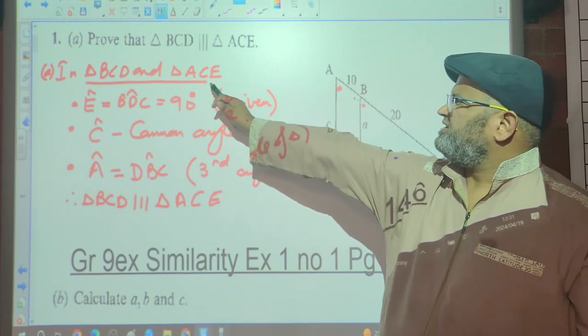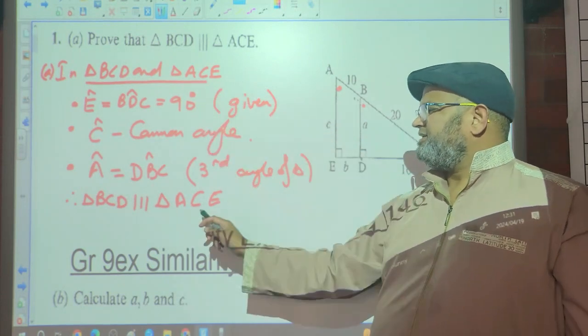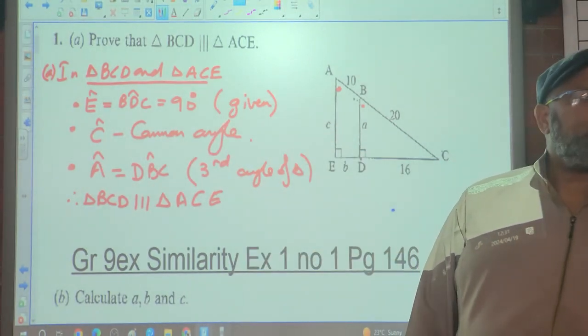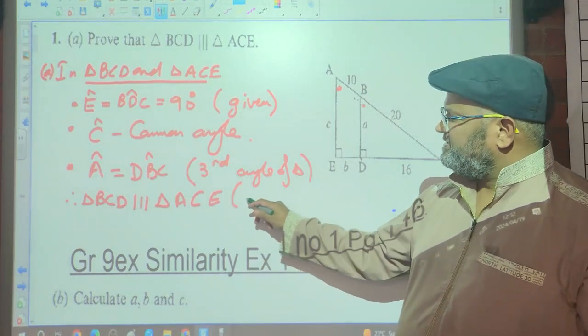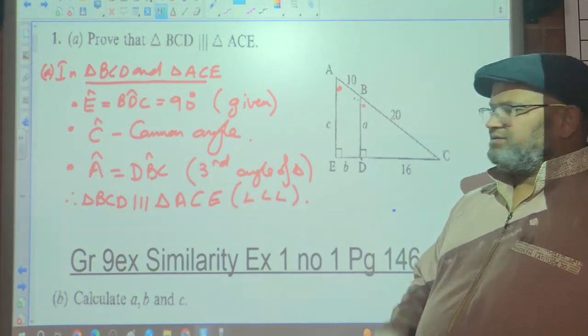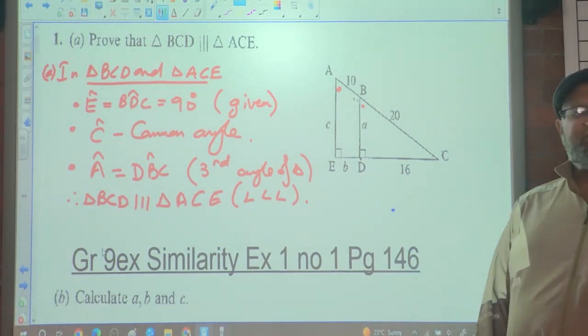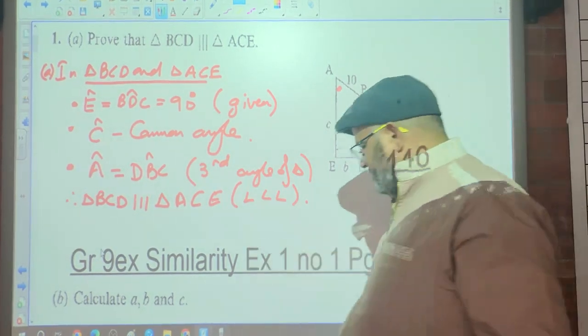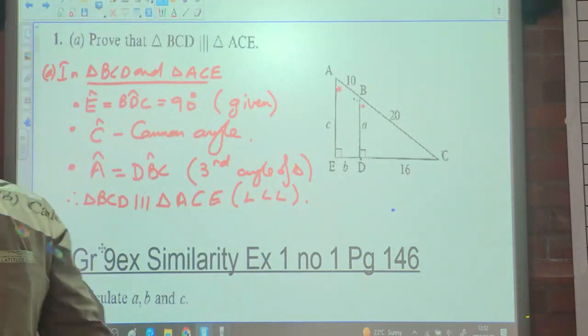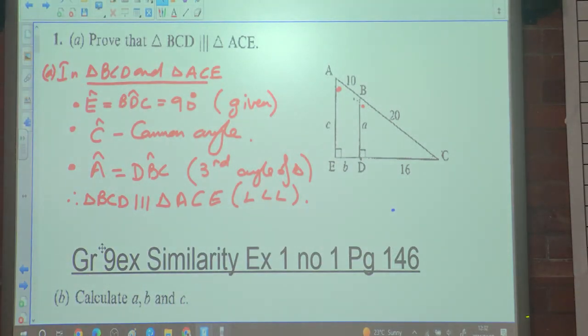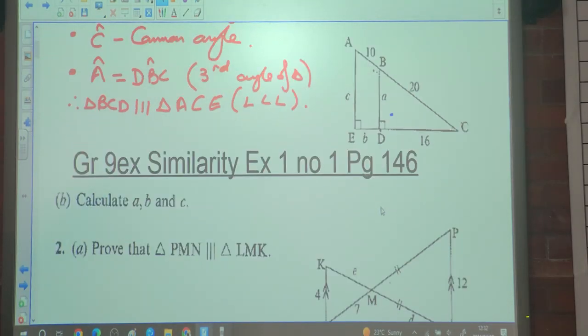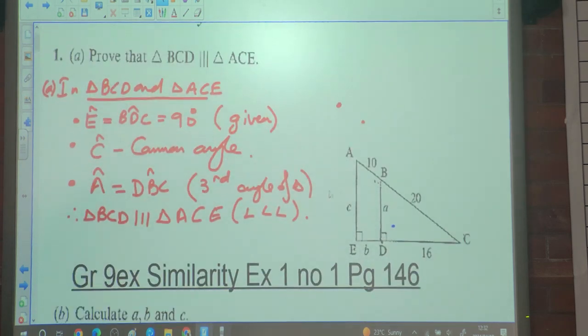As I said yesterday as well, that will always be in the correct order. Okay. And what's the reason here? Angle, angle. We proved that the three angles are equal. That is why they are similar. Okay. Let's carry on. Am I moving too fast? Yeah, move a bit faster. Okay.